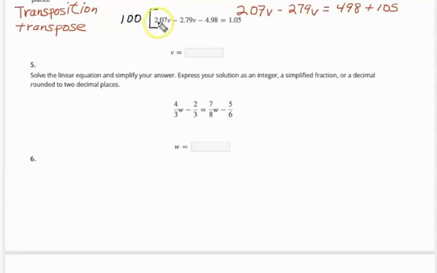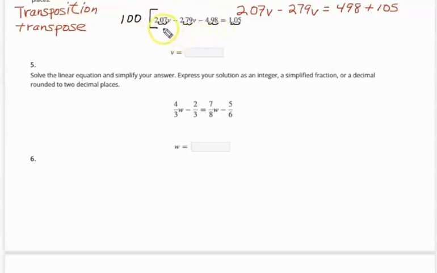And that would just get rid of all the decimal places. So now we don't have to worry about decimals. And I'm also going to introduce another term, 2 variations of it, transposition and transpose.